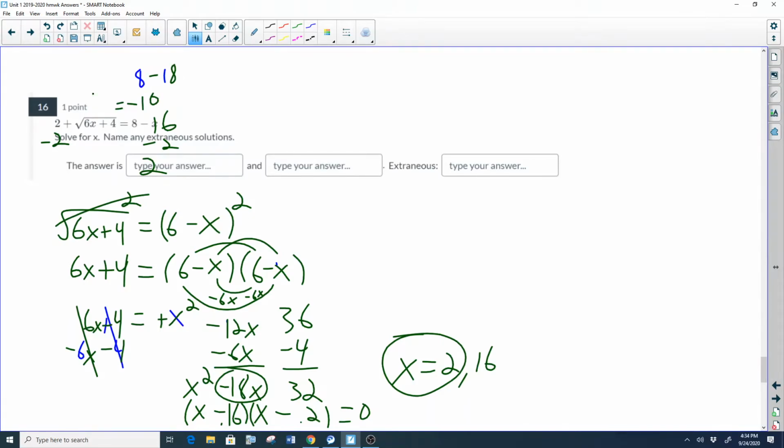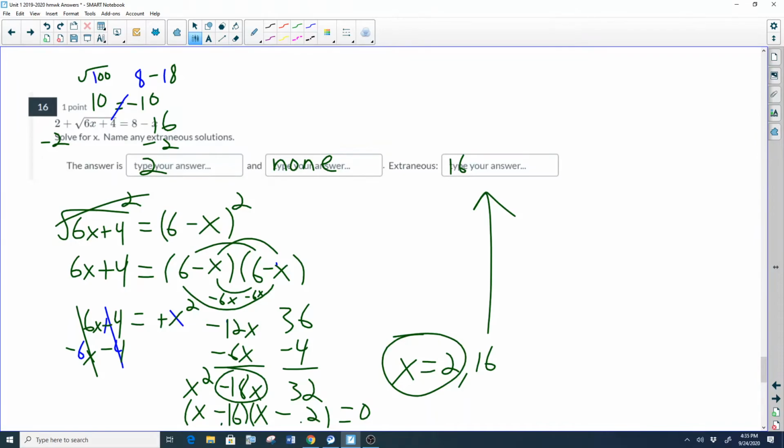And on this side, I'm guessing you'll get a positive 10, because 16 times 6 is 96, plus 4 is 100, and then you square root the 100. Yeah, you do get 10. So 10 does not equal negative 10, so that's a big fat none. And it is an extraneous solution, 16.